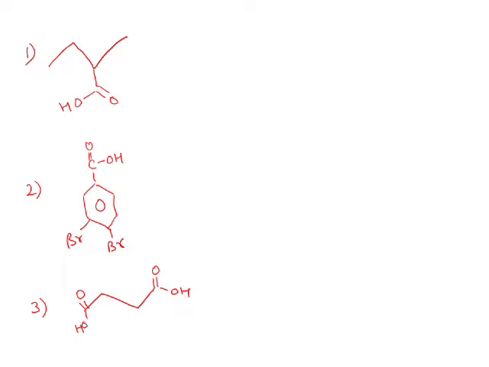Okay. So let's try to solve all these 3 problems, or try to name the IUPAC name of all these 3 organic compounds that have the carboxylic acid group. So let's start with that first problem.